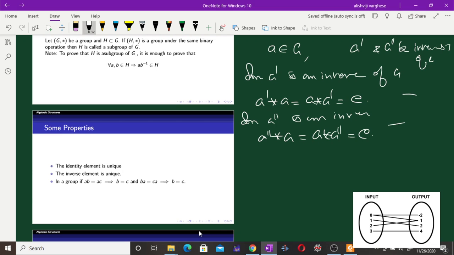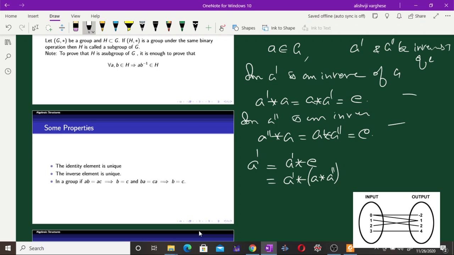So these are two equations, and we start with A dash. A dash is equal to A dash star E, and here we have E is equal to A star A2 dash.